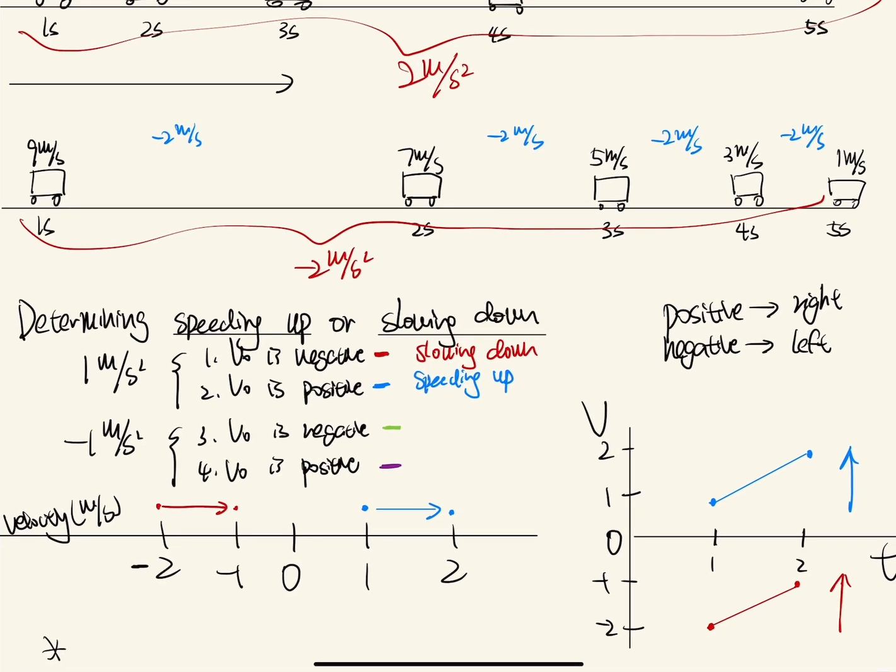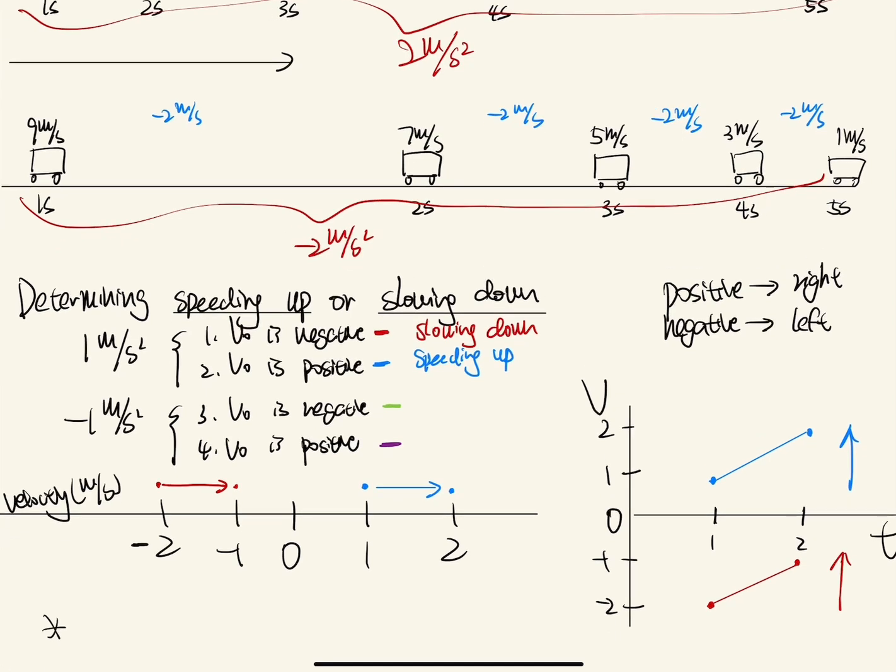Now let's consider when the acceleration is negative. At first we have the initial velocity is negative, so let's say negative 1 meter per second. And since the changing velocity, or the acceleration, is negative, we would expect that the final velocity minus the initial velocity would be negative as well.